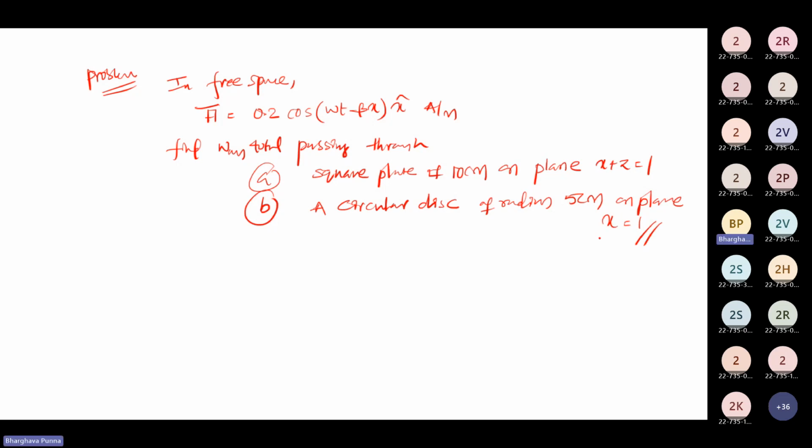So you can calculate the things now. Here you have to calculate two times. Two problems are there here. For a circular disc you can take pi r square as the area. So 5 square, but you need to convert everything into meters. And answers also I will give. You can do it and in the next class we'll see about this.